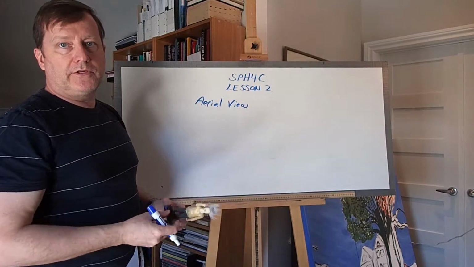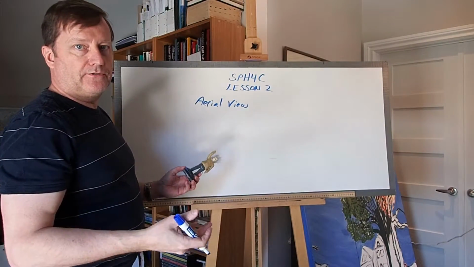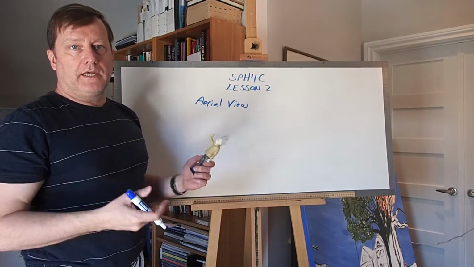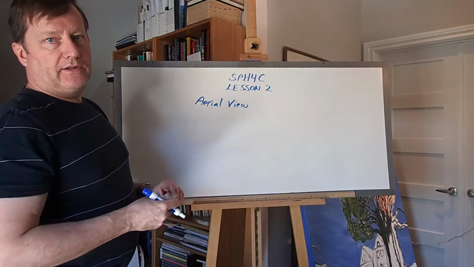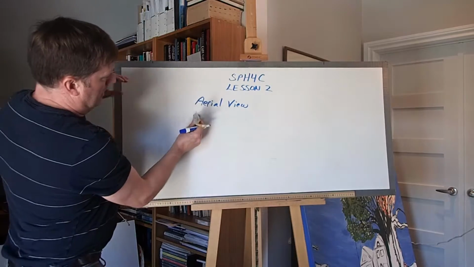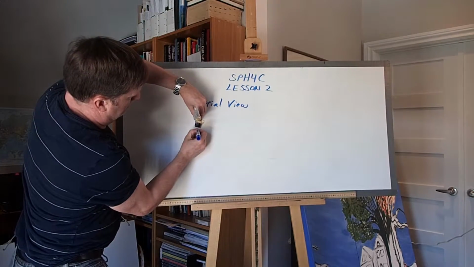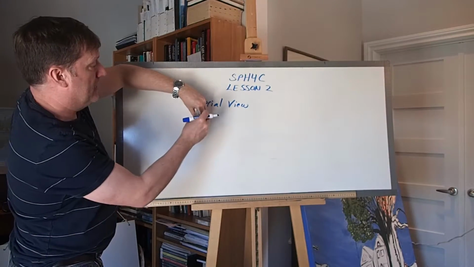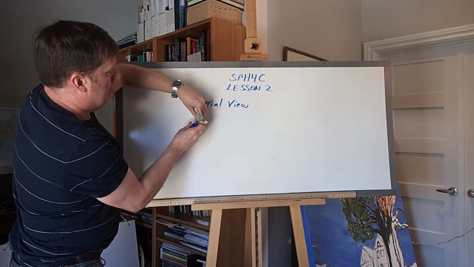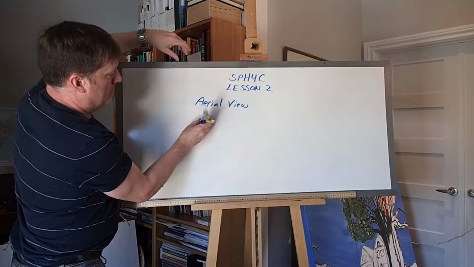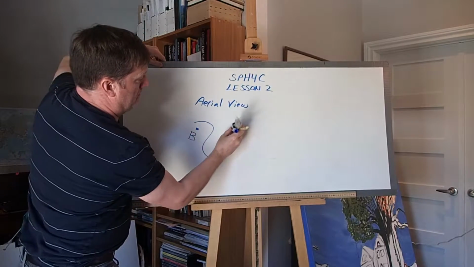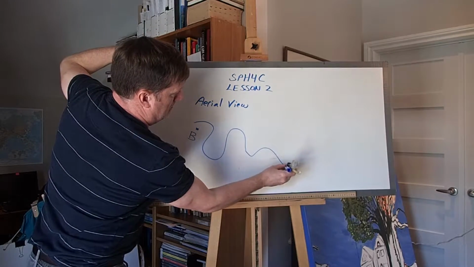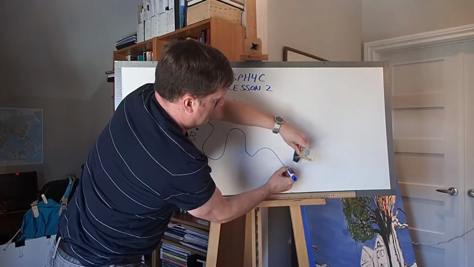So now I'm going to use an aerial view I'm going to draw to explain a concept about Einstein and his motion. Let's pretend Einstein began here. This is his beginning. And let's imagine he went on the journey like so, and he finished here.